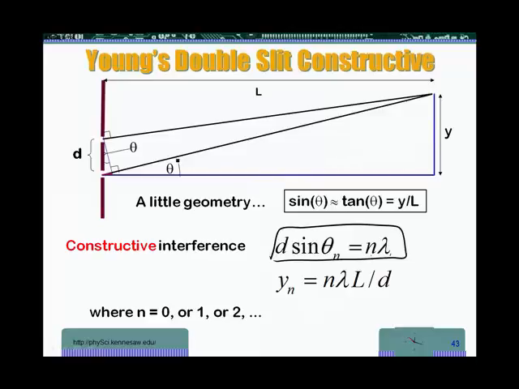Again, if we look at the setup, remember that our distance is L. If we call y the position of my maximum, then I have an approximately right angle triangle with the hypotenuse being this distance. Now, y is going to be just L sine theta.